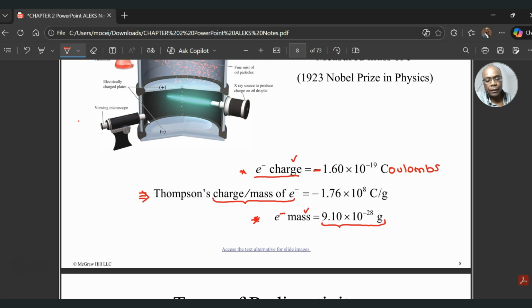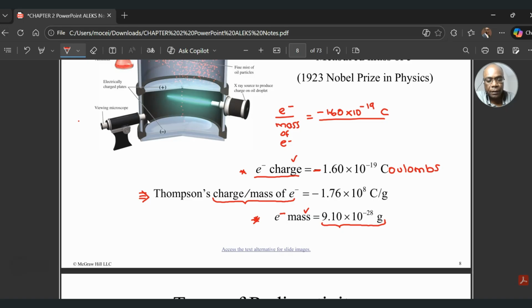So let's do that. Let's find the charge to mass ratio of an electron using the values from Millikan's oil drop experiment. So we have negative 1.60 times 10 to the power negative 19 coulombs.